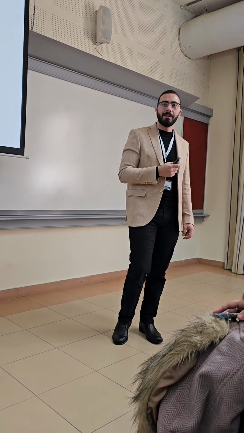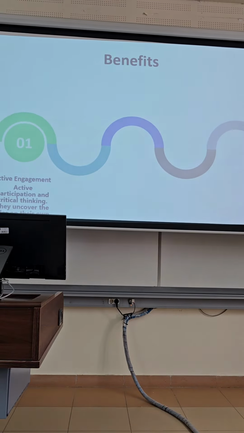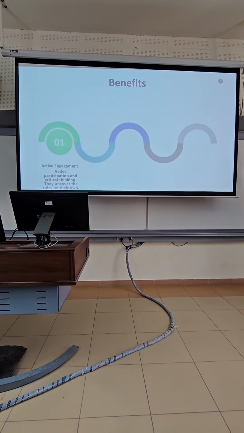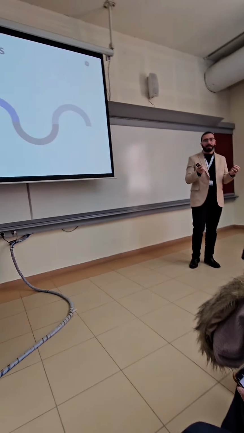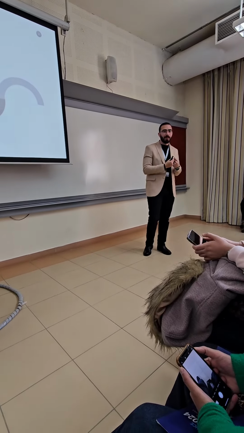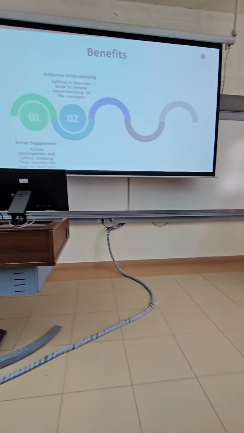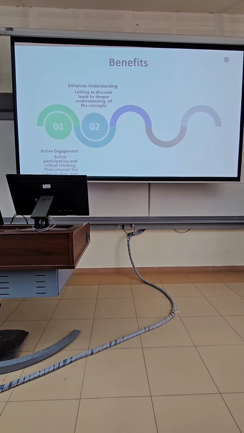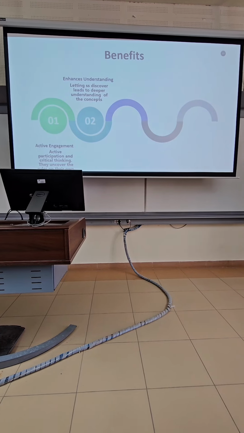Okay, so the first thing that we have is active engagement. The students are actually engaged in the classroom. They are not just passive, they are not just sitting in the classroom on chairs just listening to you. They are actually active in the teaching process. The second one is it actually helps them to understand better when they do things on their own, instead of you telling them.